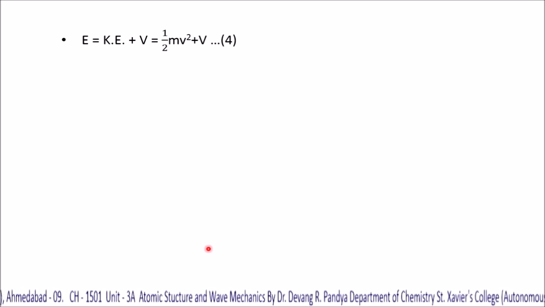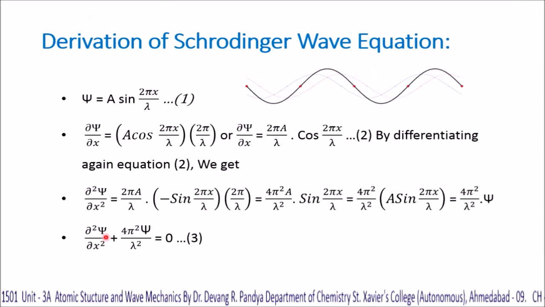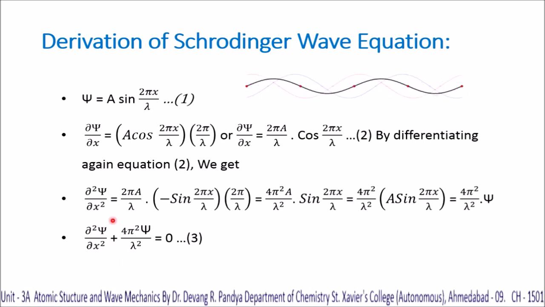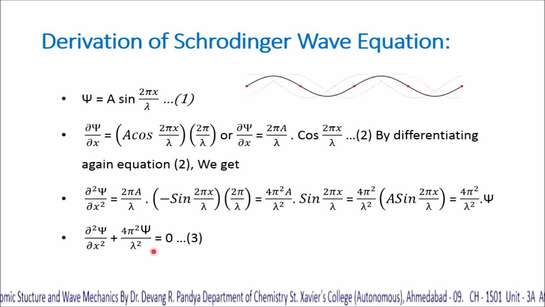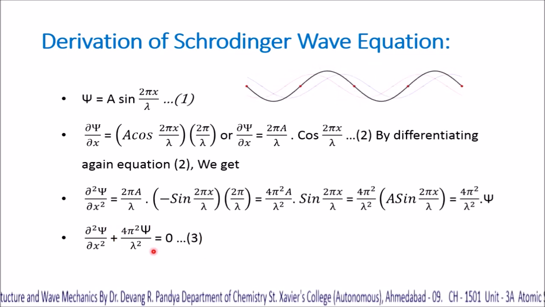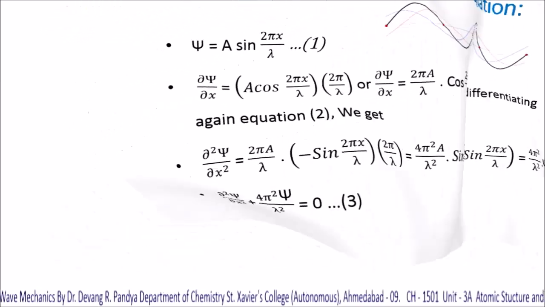Now we have got that simple Schrodinger wave equation. It is also considered the simplest form of the Schrodinger equation, if somebody asks you in any MCQ or any other thing.